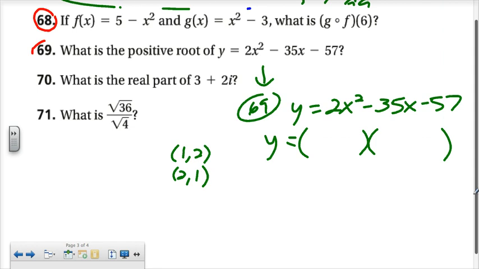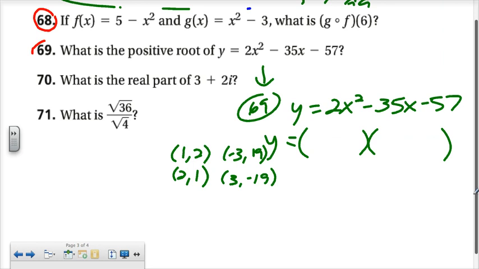Now in the back, we need numbers that would multiply to negative 57. So you just try a few things and you realize, okay, 3 and 19, that'll give me 57. So let me try negative 3 and positive 19, and let me try positive 3 and negative 19, because I'm pretty sure it's not negative 1 and 57 or 1 and negative 57.